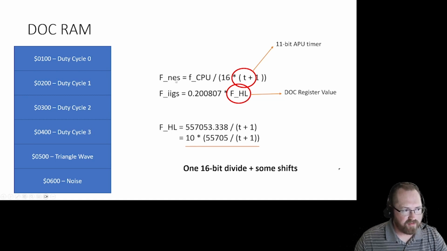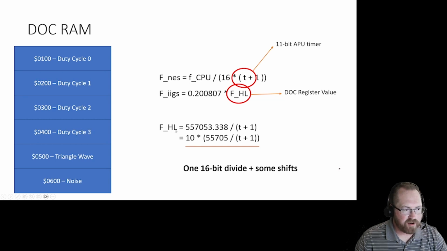Since we have these two frequencies together, we can rearrange things and solve for the DOC register value based on the 11-bit APU timer value. It turns out to be a function that is not terrible to implement.